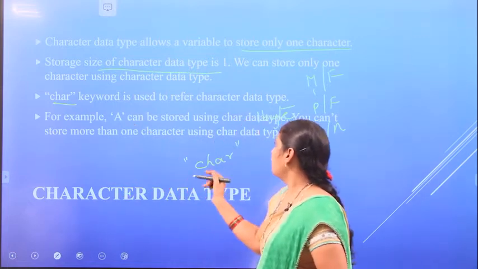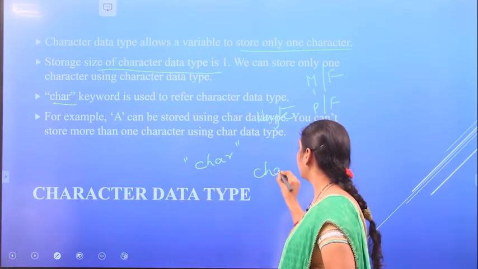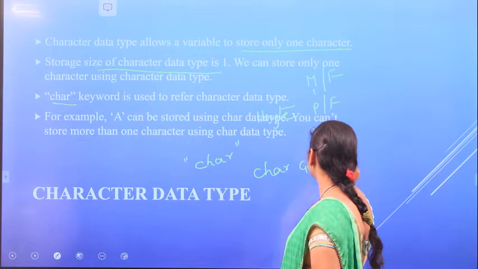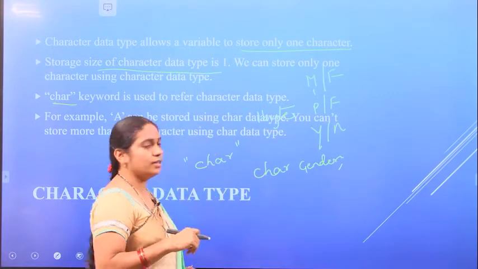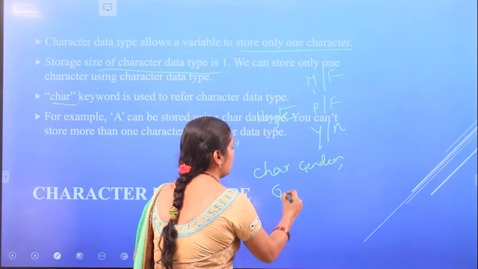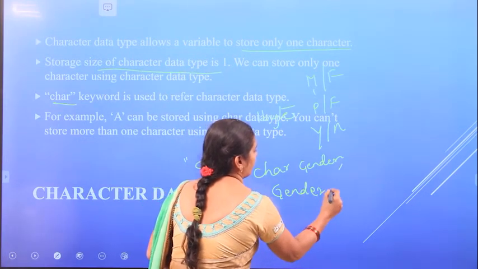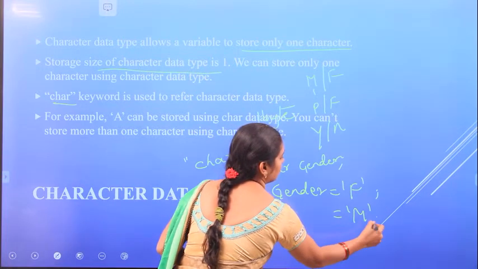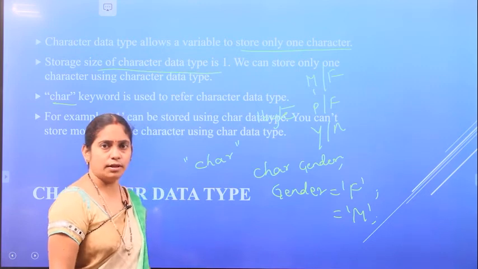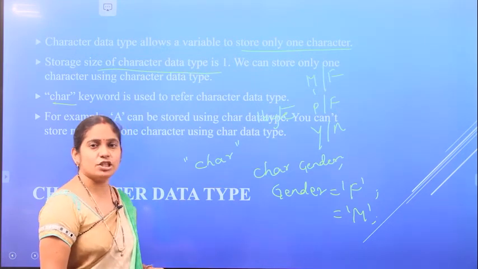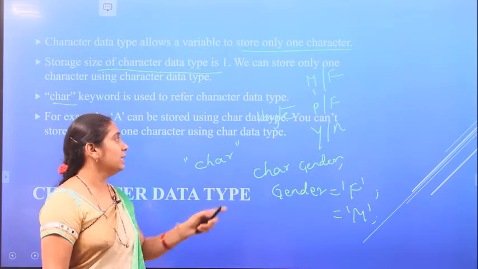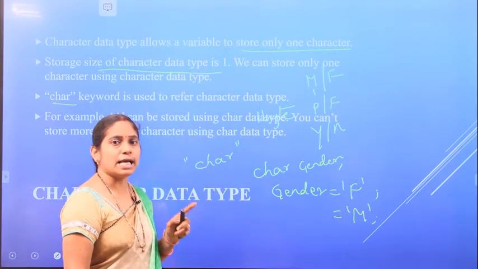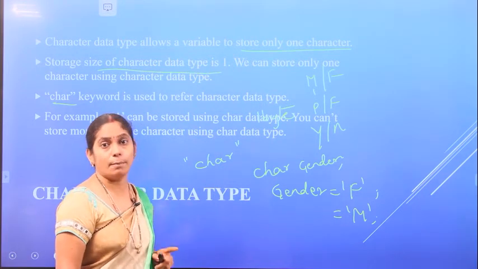So example of this is char gender. Here the gender we can initialize as male or female. So character data type stores only one character like yes or no, pass or fail, male or female. The size of this character data type is 1 byte.